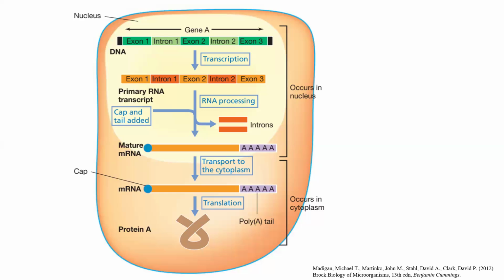So the splice junctions have been recognized, complementary base pairing formed, and once the snRNAs know where the intron begins and ends, the introns have been excised.